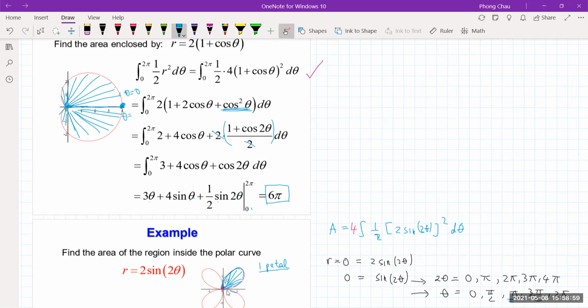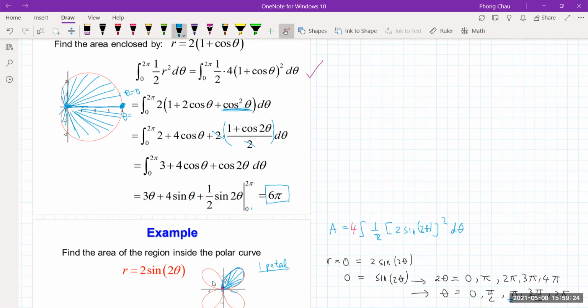So if you want to find the area of these petals down here, then your theta will actually run from pi half to pi. And then you're going to run another loop, come back to here at 3 pi over 2, and then the loop comes back to the original pole at 2 pi, right?